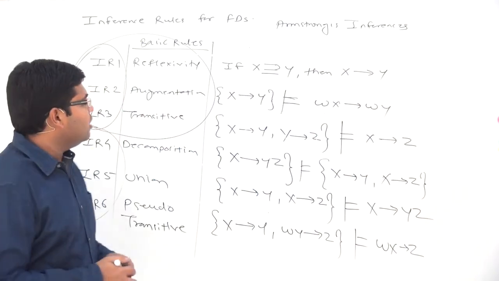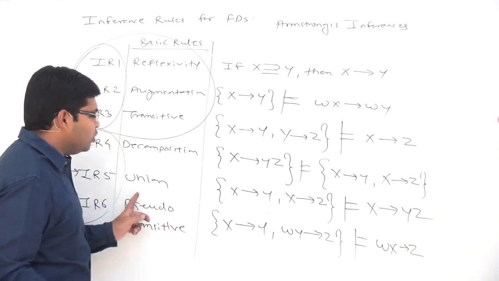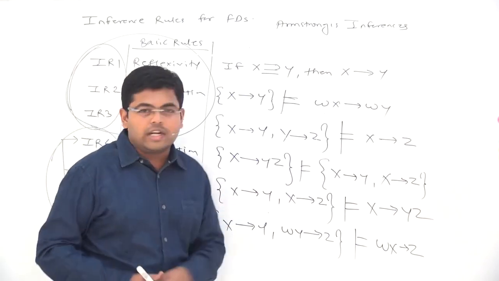Now we have seen that decomposition is allowed only on the right-hand side. Similarly, union is allowed only when the left-hand side is common.